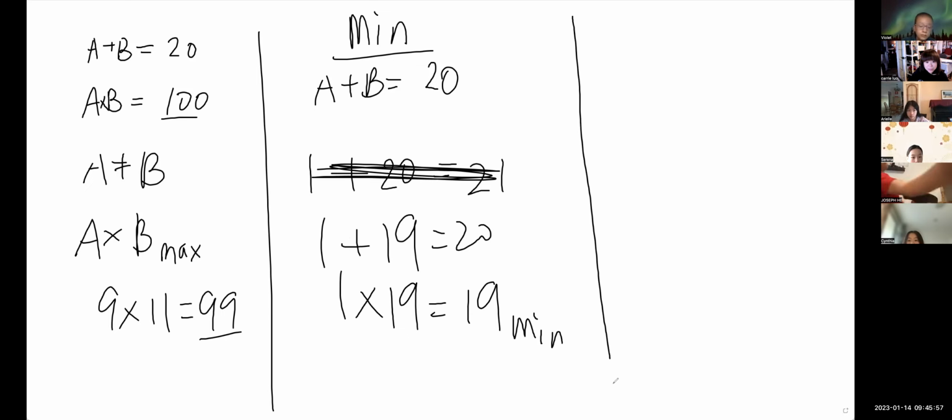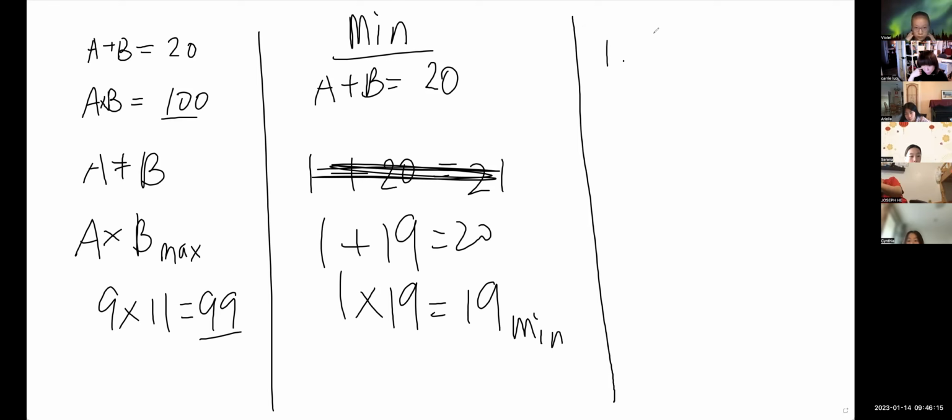Understand? So Violet, Ariel, and Emma, I want to tell you that if something has a maximum number, sometimes we can calculate the minimum number as well. Let's take a look at the first one.